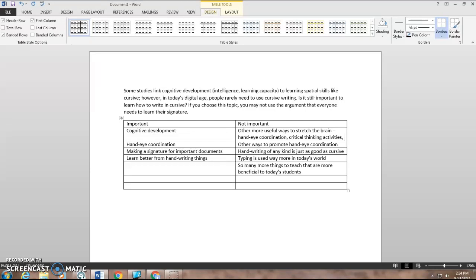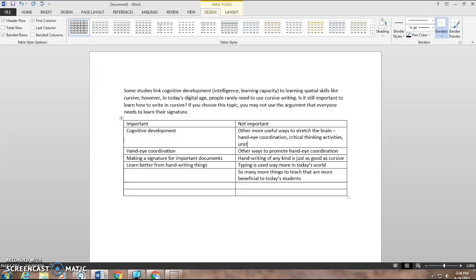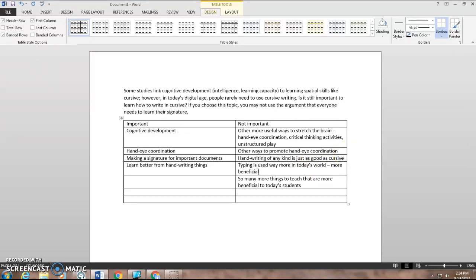There are things like unstructured play. I had for this one, I even had some more stuff. And for this one, I had some extras too.